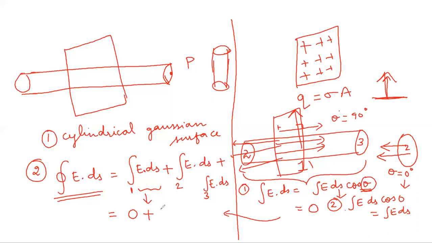Similarly for surface 3, this is E and this is the area vector. Again theta will be equal to 0 degree. As before, we again get E ds. So finally, what we have got is the integral of E dot ds is equal to the integral of E ds plus the integral of E ds.